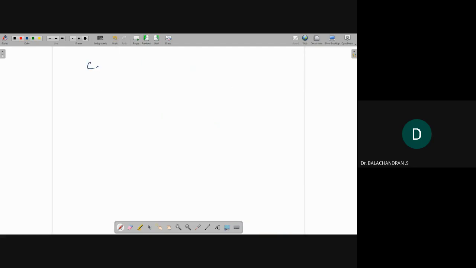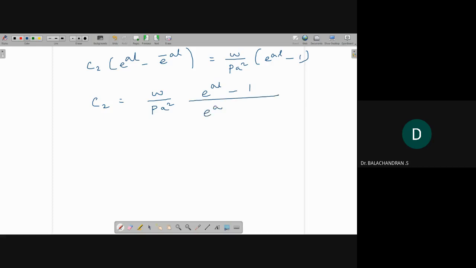So C2 into e power AL minus e power minus AL is equal to omega by P square into e power AL minus 1. Now from this, C2 equals omega by P square into e power AL minus 1 divided by e power AL minus e power minus AL.